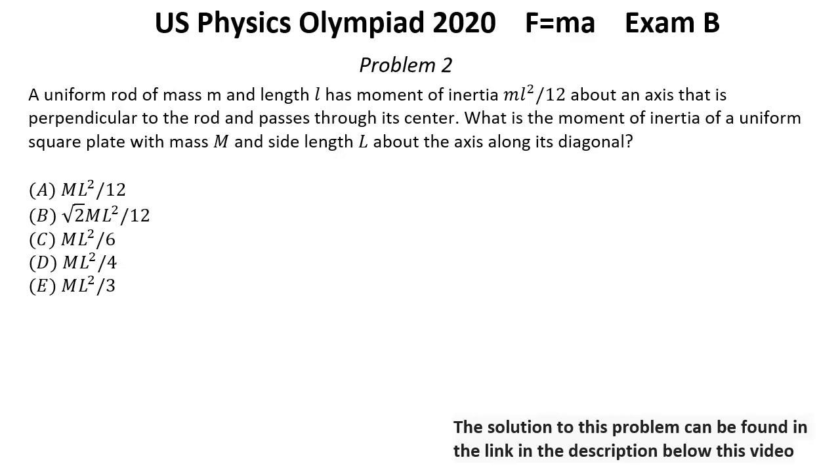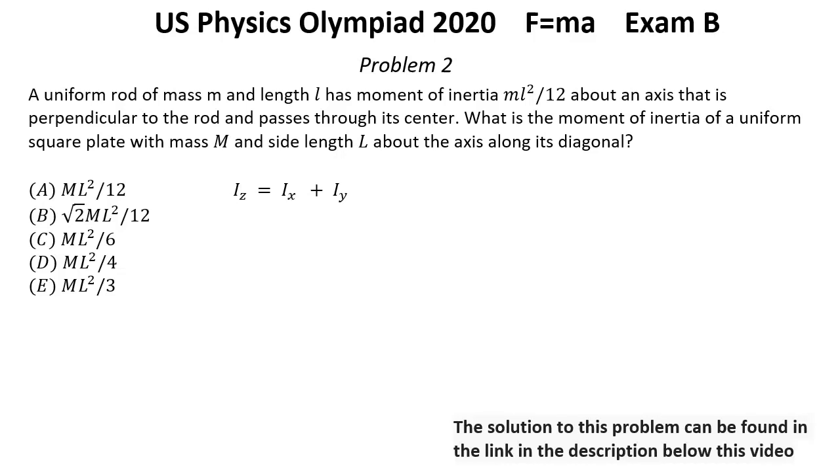Let's place the origin at the center of mass of the square. The perpendicular axis theorem states that for a two-dimensional mass distribution in the xy plane, we have Iz equals Ix plus Iy.